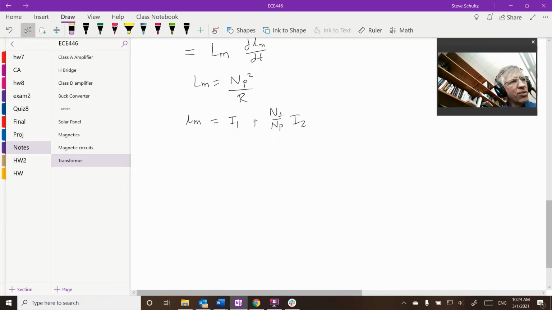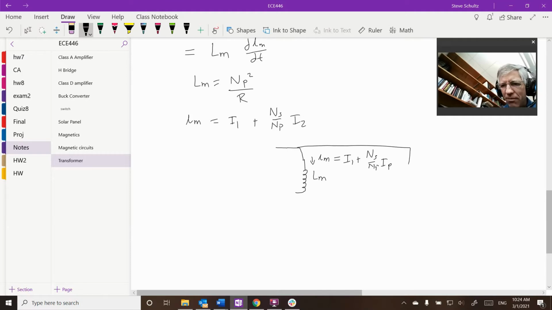So let's draw what this is going to look like. We have some magnetizing inductance, which has a value of Lm, and it has a current going through it of Im, which is equal to I1 plus Ns over Np times I2.